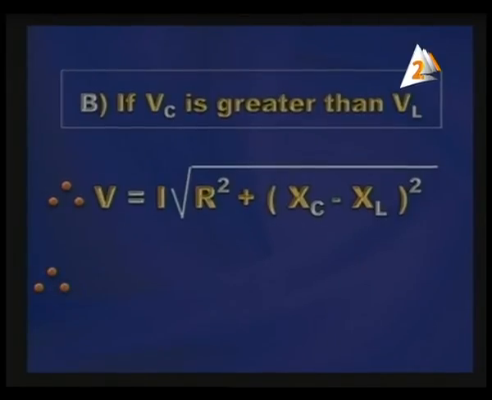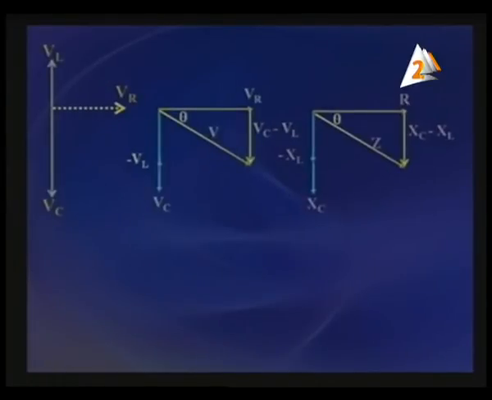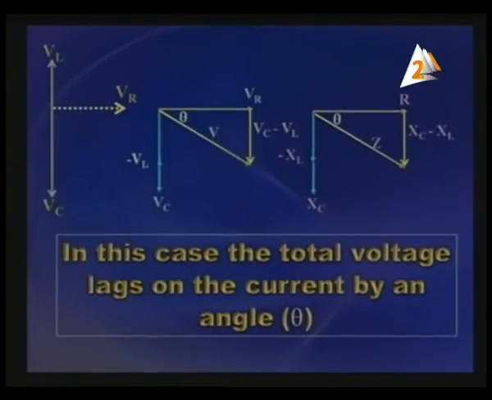So we can obtain the impedance denoted by Z. It is V over I, which is square root R squared plus XC minus XL all squared. In this case the total voltage lags the current by an angle theta. The total voltage, as shown in front of you, lags by an angle theta, and we want to determine the value of the angle theta.